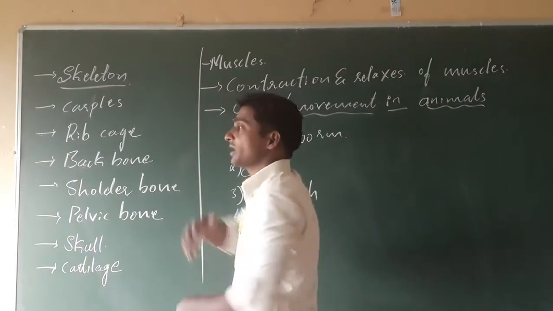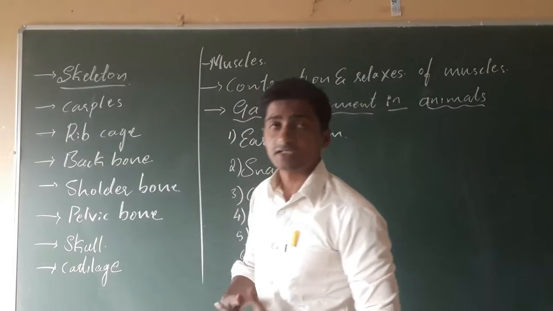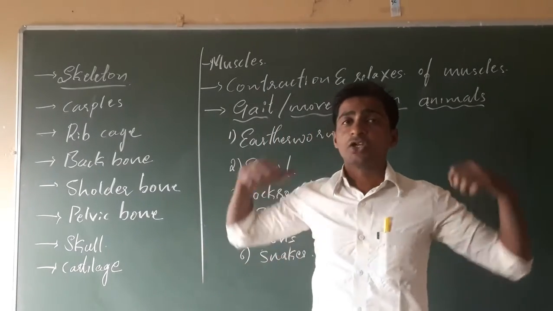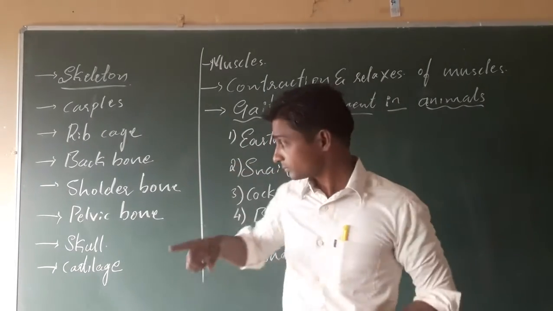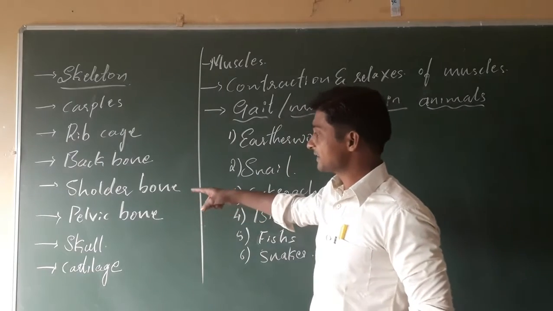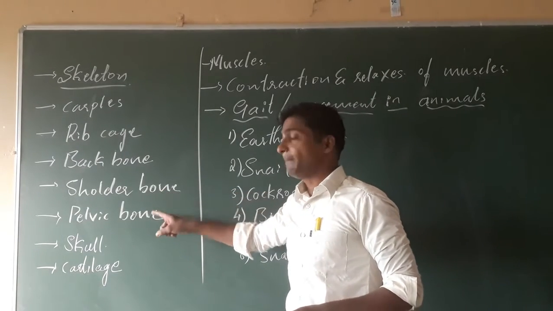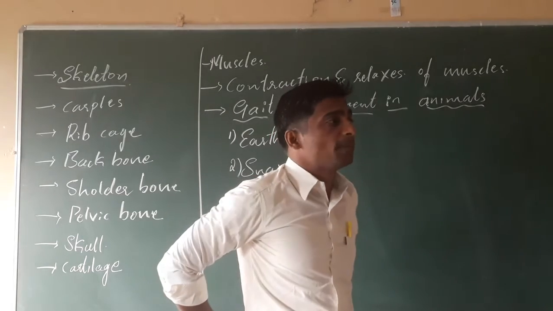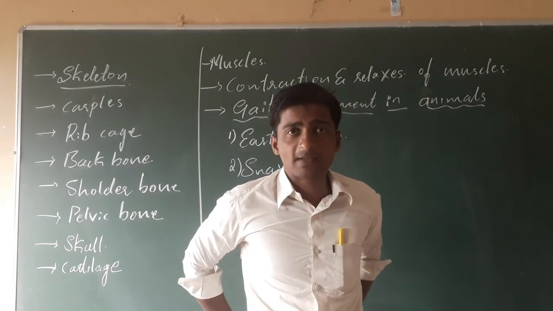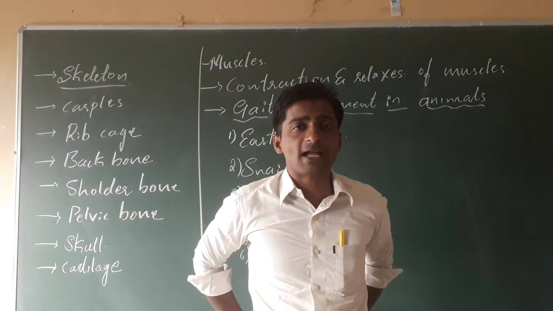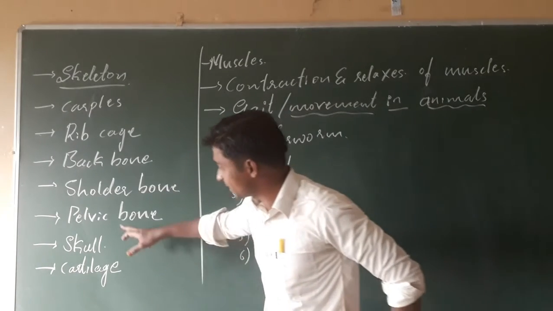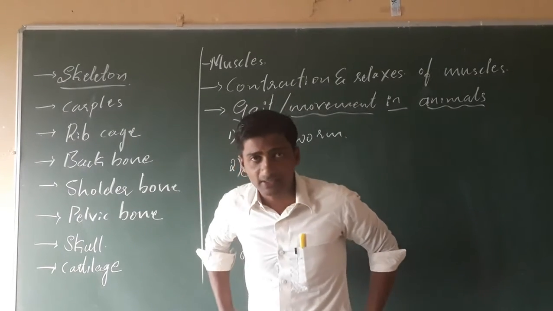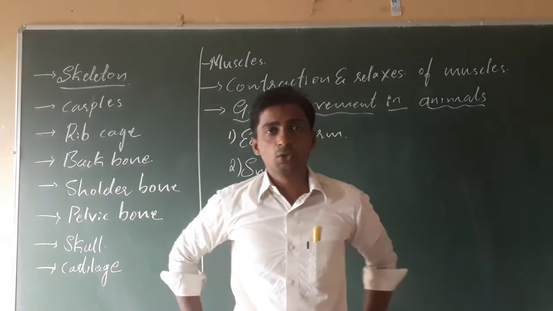Pectoral girdles are present that hold the shoulder bones tightly. Next, after the shoulder bones, pelvic bones are present just below the backbone. The last unit of the backbone is connected to the pelvic bone that connects the thigh bones.